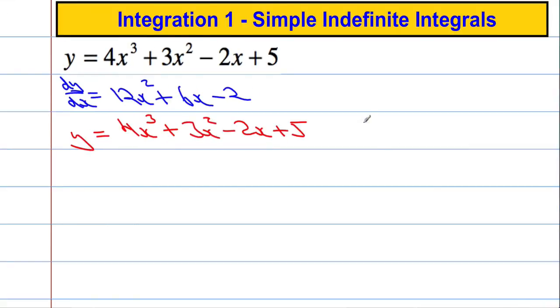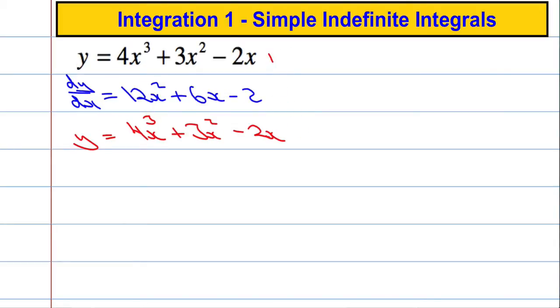So when we integrate functions and they're indefinite integrals, I'll explain what that is in a bit more detail later, we must include the constant of integration c. So if I integrate this function here, I must remember to include a constant of integration c because we may have something tagged on the end here.